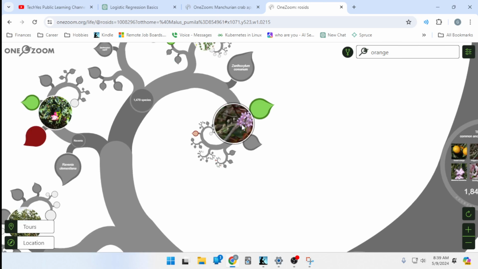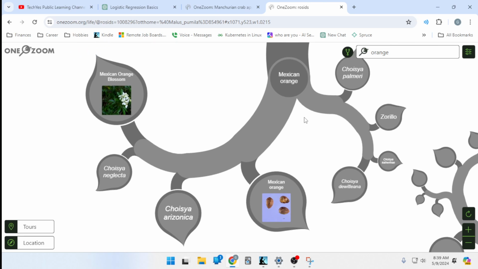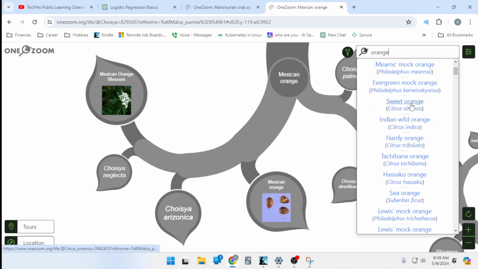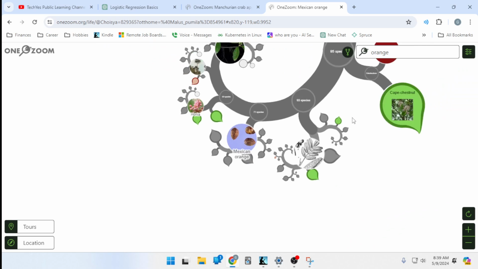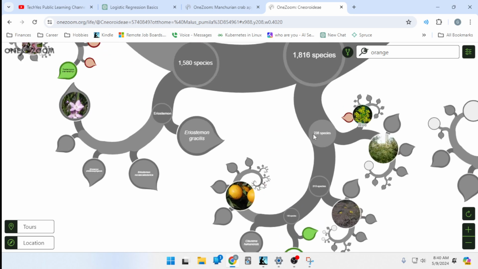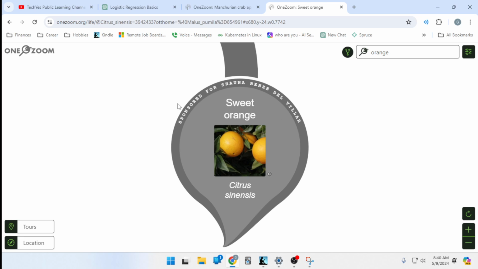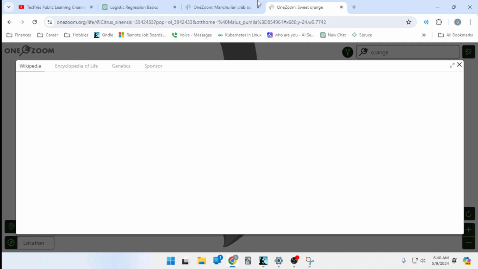Alright, so there's the Mexican orange, which does not look like an orange to me. Let's do a sweet orange instead. There we go. Yeah, so quite a bit different for sure.